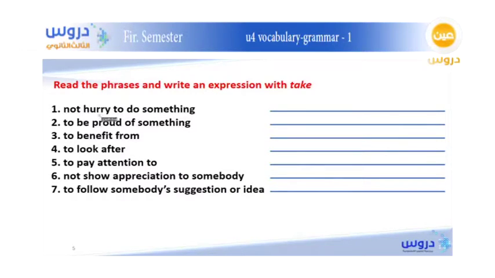Aya or Shuruq, someone say take care. All right. Number 3, take advantage. Okay. All right, can we check now? Can we check now, and we will see if the answers are correct or not.